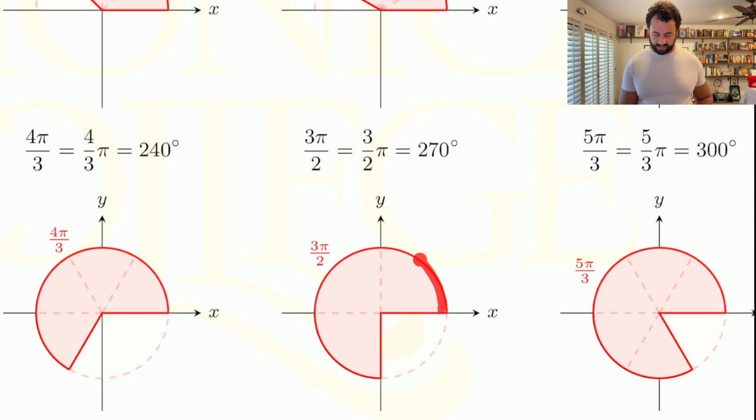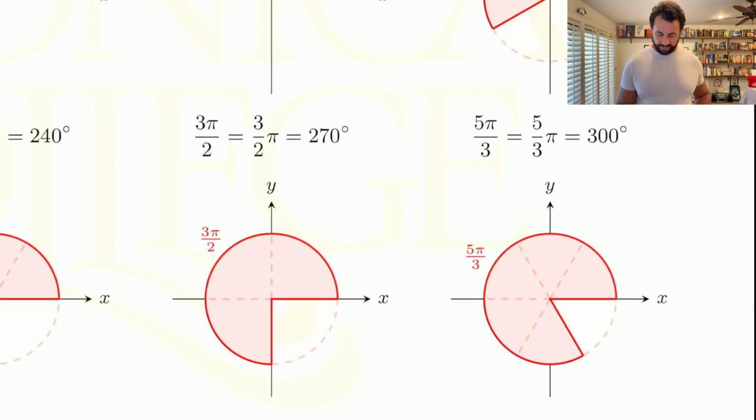There it is. So this is the angle 270 degrees, or 3 pi over 2, or 3 halves of pi, or 1.5 pies. All the same thing. And then 5 pi over 3. So here we're cutting pi into three equal sized pieces. 1, 2, 3. And we're going to take five of those. 1, 2, 3, 4, 5.